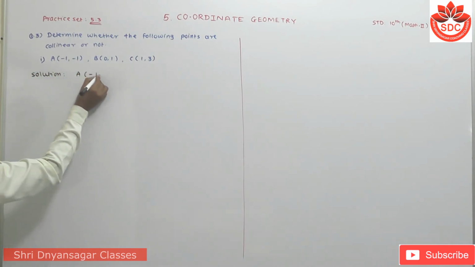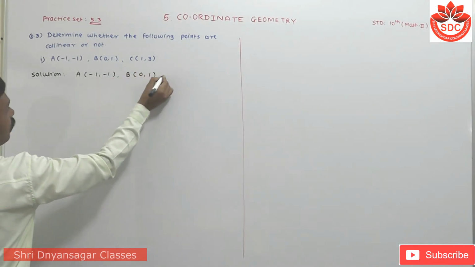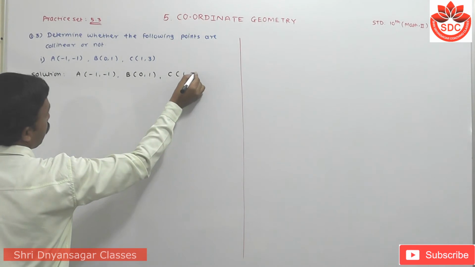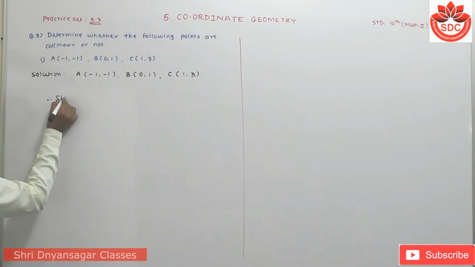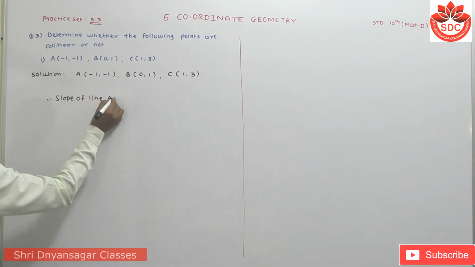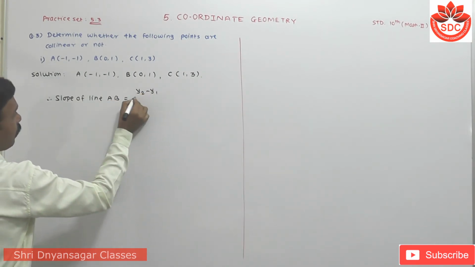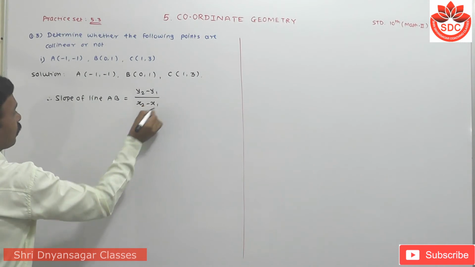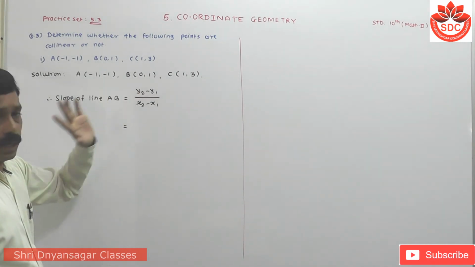A having coordinates minus 1, B having coordinates 0, 1, C having coordinates 1 and 3. Student, I have to directly find out its slope here. Therefore, the slope of line AB is equal to the formula y2 minus y1 upon x2 minus x1. Consider x1, y1, x2, y2.